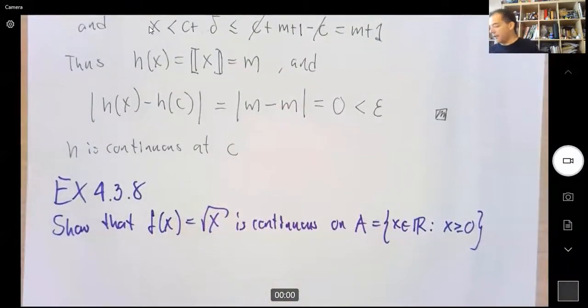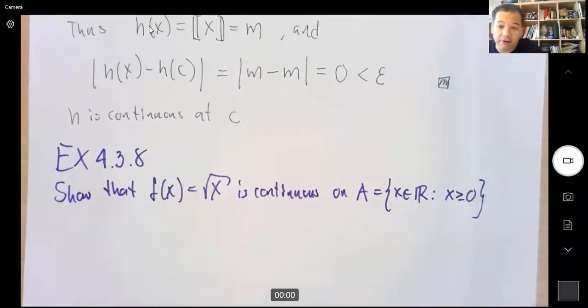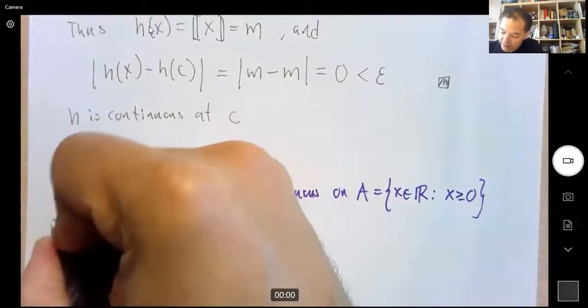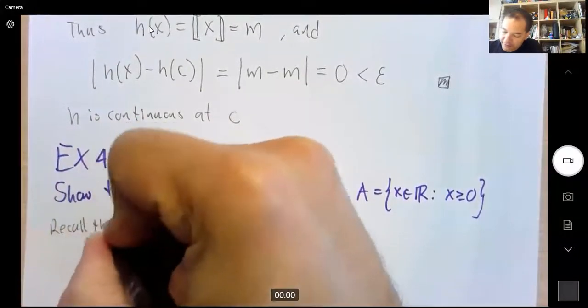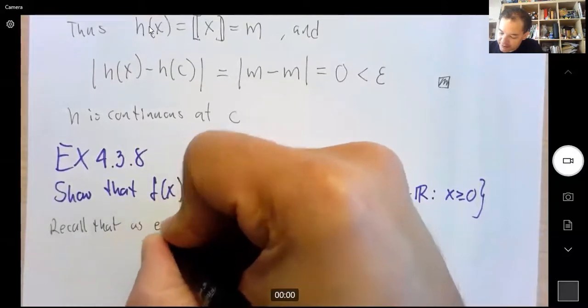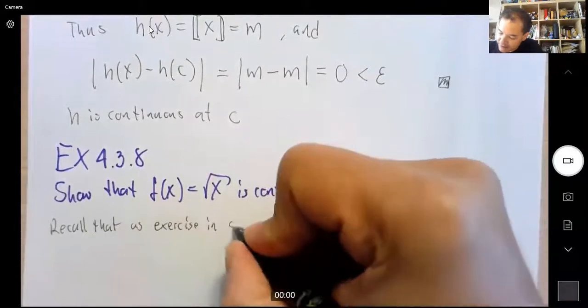All right. Now, like I said, we've done these problems before, as back in our chapter about sequences, we showed the following. We call that as exercises in the sequence chapter.